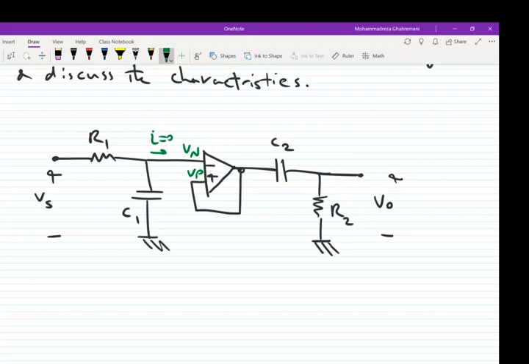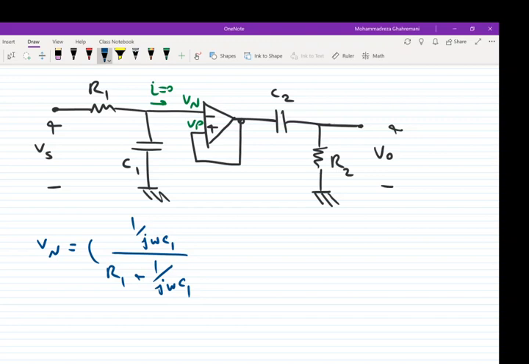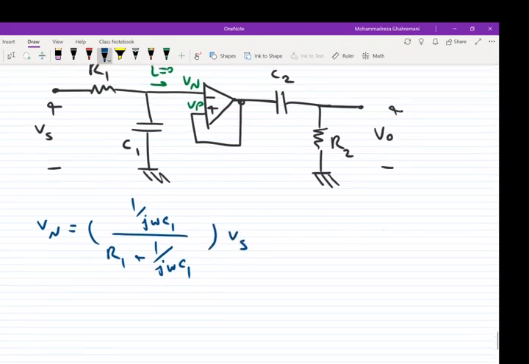We can simply say Vn is equal to the impedance of the capacitor, which is 1 over j omega C1, over the total impedance, which is R1 plus 1 over j omega C1, times Vs.